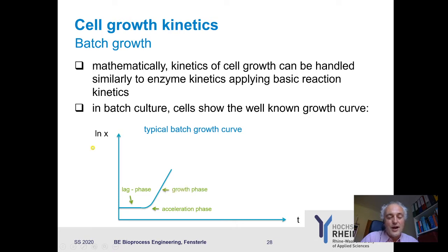Finally we come to a phase where growth declines because my substrate source is expired, and we come to a stationary phase where nothing happens, and if we forget our culture, then we might even see a death phase.